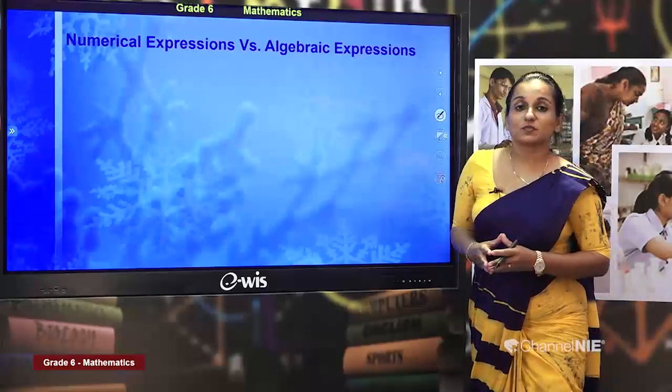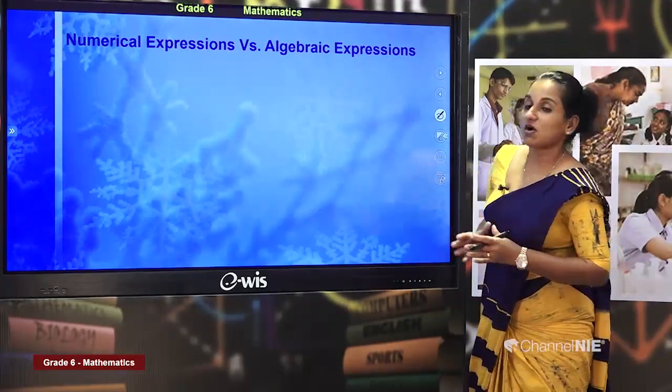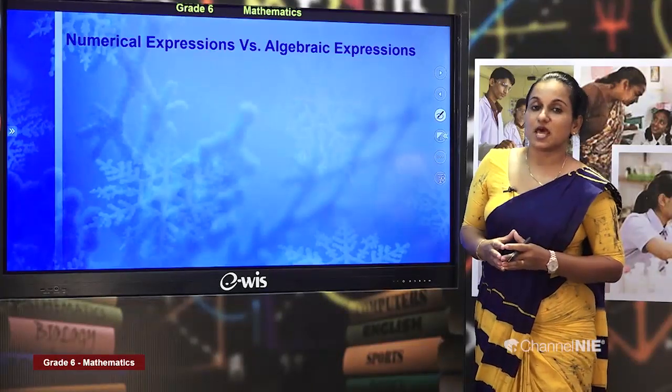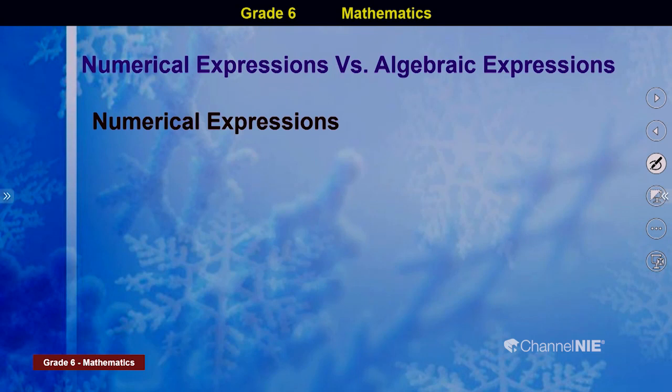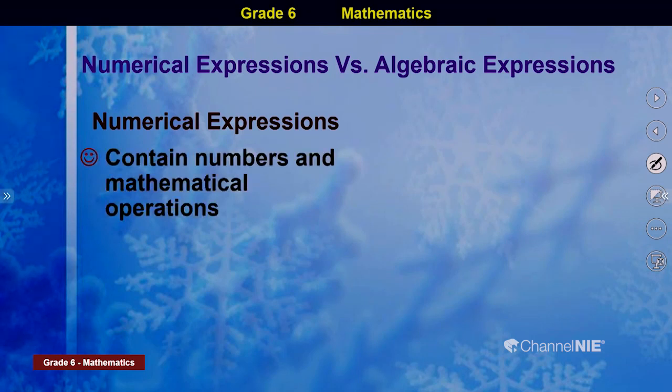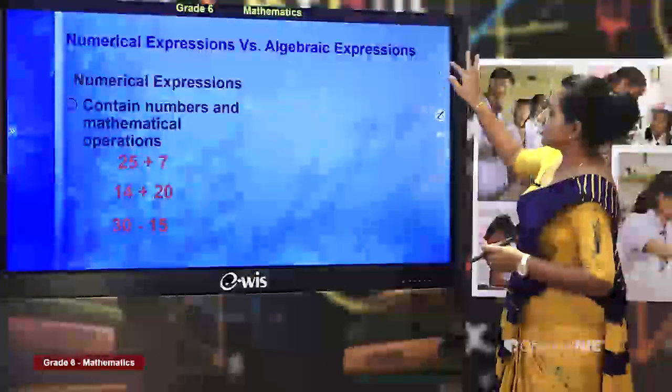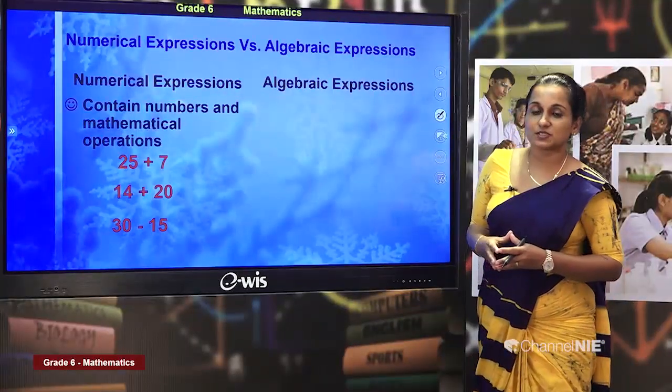what we have done up to now? We talked about numerical expressions and also algebraic expressions. In numerical expressions, we discussed that it contains numbers and mathematical operations. Here are some examples that we built. Then we talked about algebraic expressions.